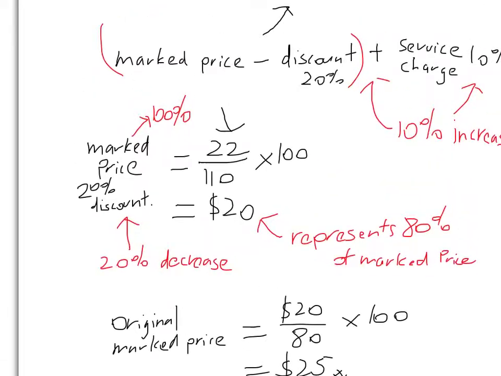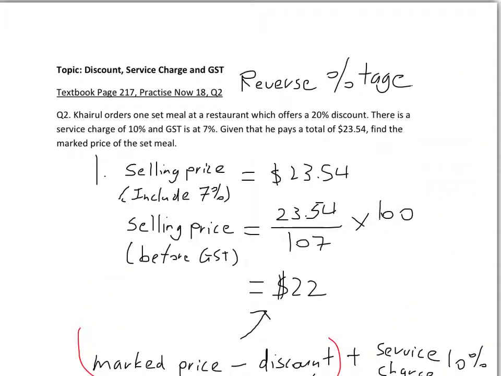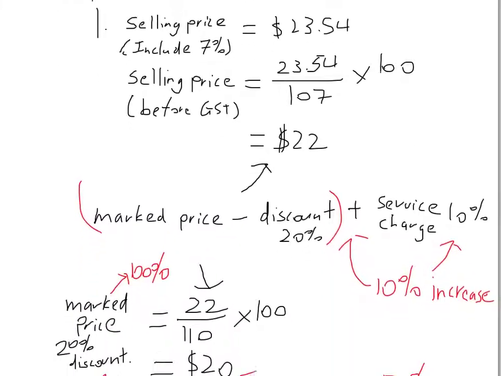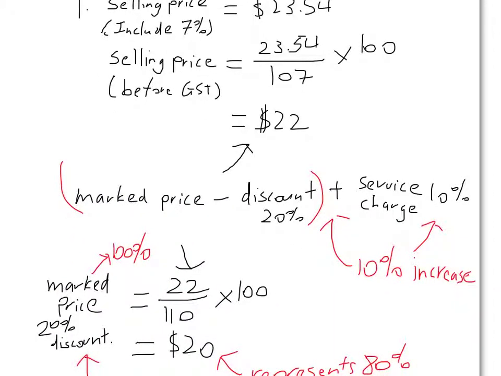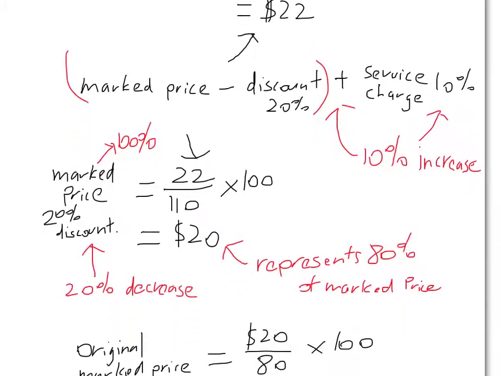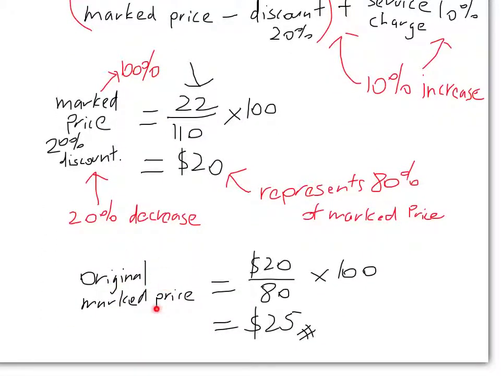So to conclude, for this kind of question, remember there are 3 steps. The first step is to find the selling price before GST. Second step, after removing the GST, remove the service charge of 10%. And lastly, find the original mark price without the discount.